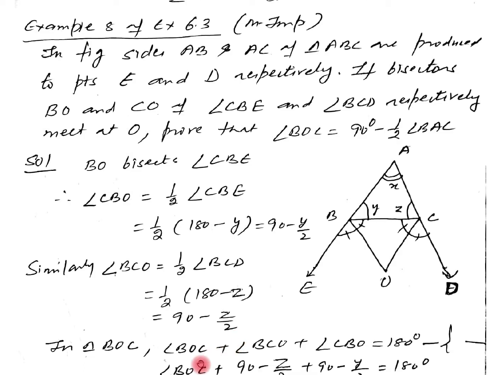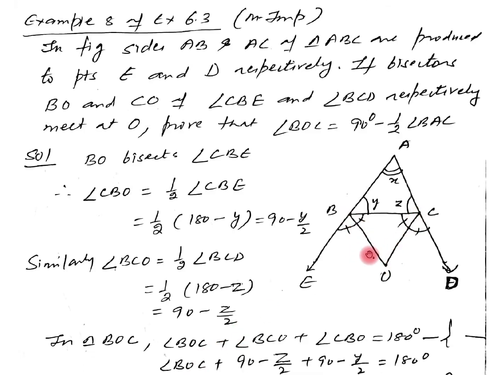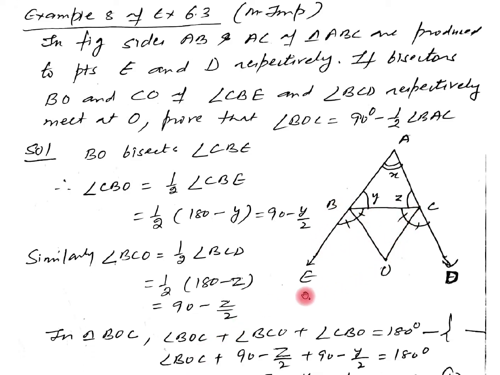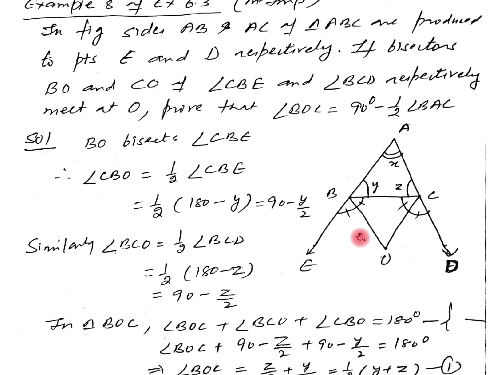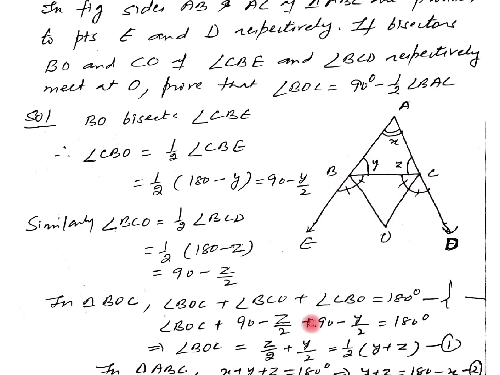Now here in the triangle BOC, the sum of these three angles equals 180 degrees. Angle CBO plus angle BCO plus angle BOC equals 180 degrees. Now putting angle BOC as it is, angle BCO is equal to 90 minus Z by 2, and angle CBO is 90 minus Y by 2.